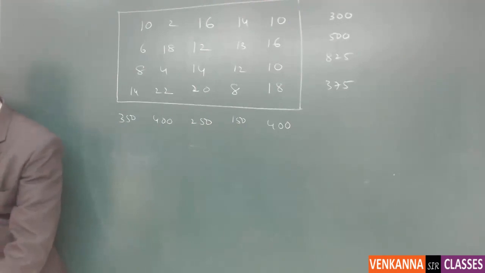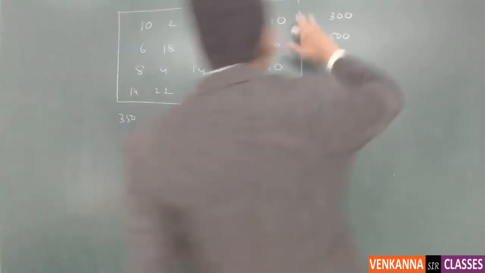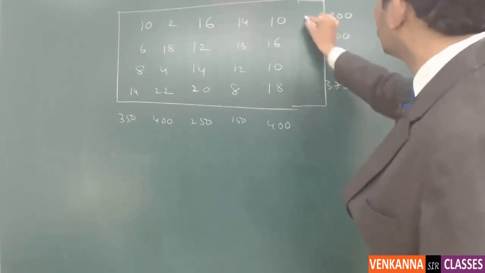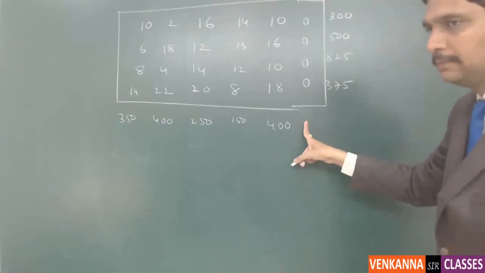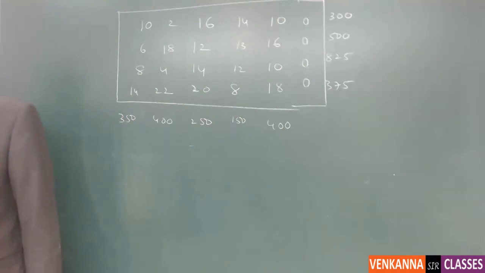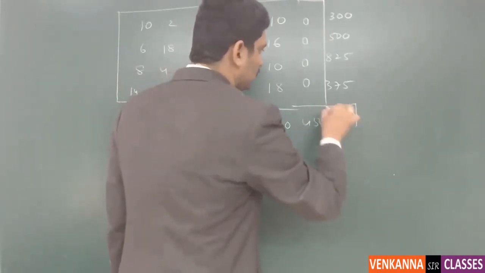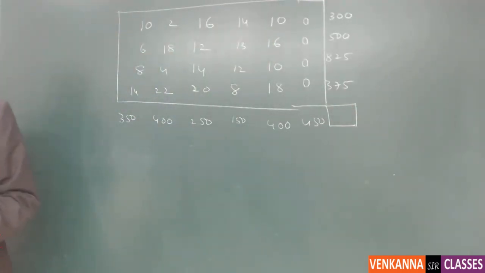Right? So we are going to introduce a dummy column by putting all zeros there. So I am going to take the table like this. So 0, 0, 0, 0. What value do I have to take here to make it balanced? 450, right? So what is the sum of total supplies and demands? As you have calculated, 2000, right?